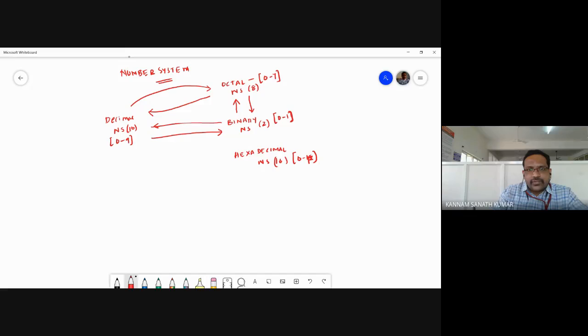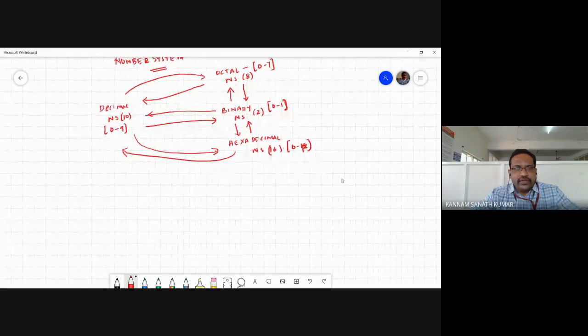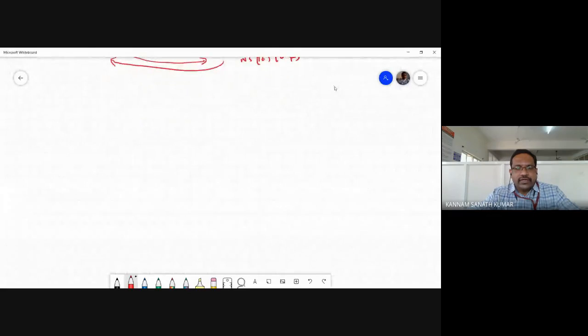You can convert the number system from binary to hexadecimal and hexadecimal to binary, and you can convert decimal to hexadecimal and hexadecimal to decimal. Okay, so by these means we can convert any number system to another number system. So we'll see how we can convert one number system to another.